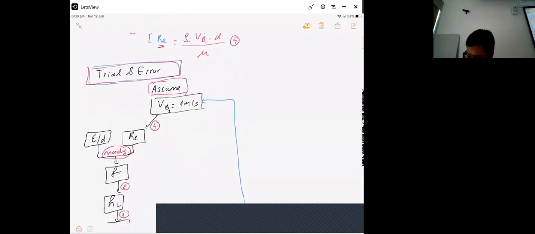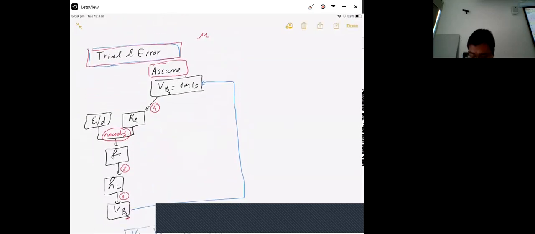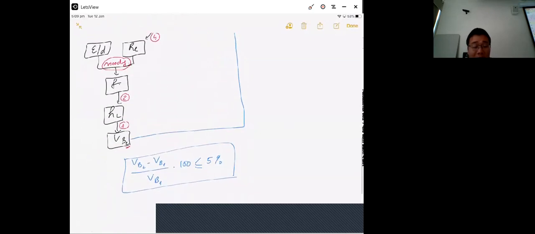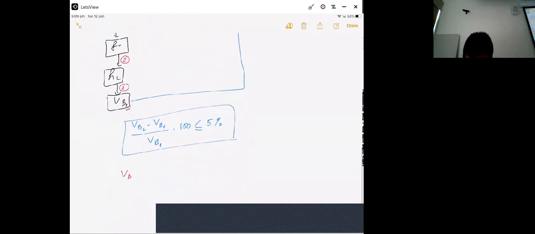In this question, if we assume VB1 is 1 meter per second, I'm very lucky because you find VB2 is 1.04.